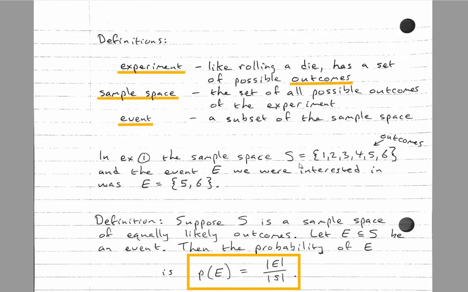This is where sets come in. The event E in example 1, we were interested in rolling a 5 or a 6, so E is the subset {5, 6}. So we have outcomes, sample spaces, events.